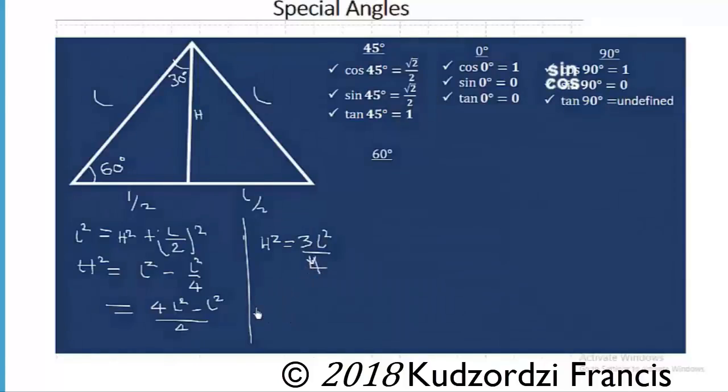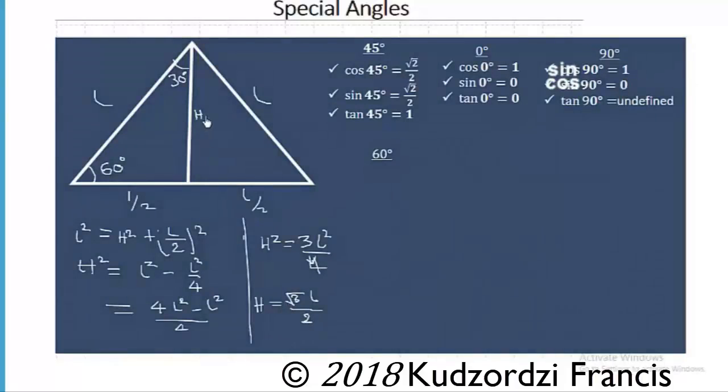So now our height will be equal to the square root of this, which will give us root 3L over 2.